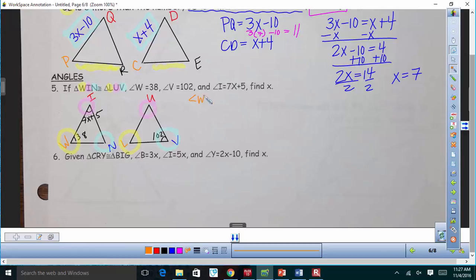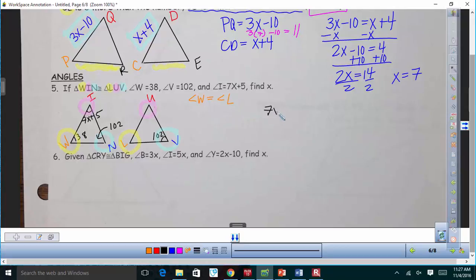So angle W is equal to angle L, right? And so is I and U, and so is N and V. So if I have two angles in this triangle, since V is the same as N, couldn't I make this angle right here 102 since it's the same? Yes. And so what do I know about all three angles in a triangle? They add to 180.